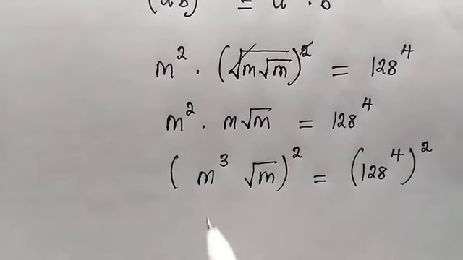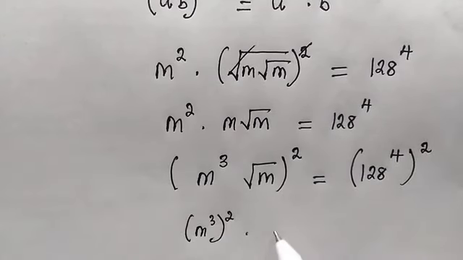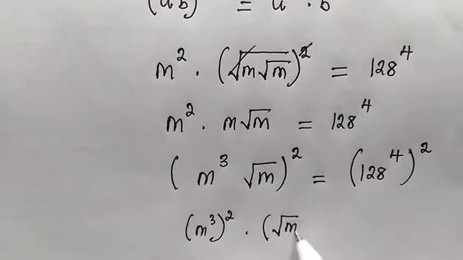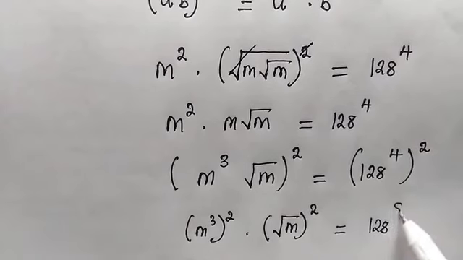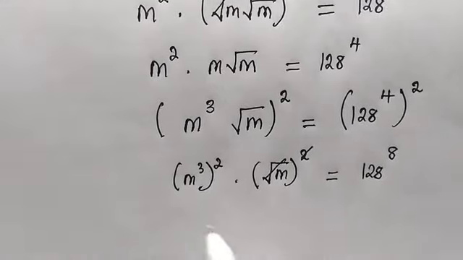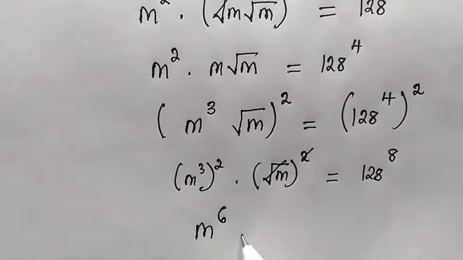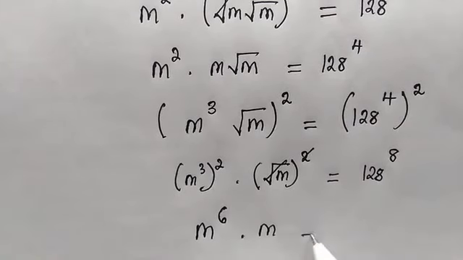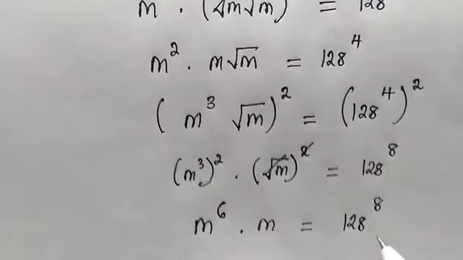So here we get m cubed whole squared multiplied by square root of m whole squared, which is equal to 128 raised to the power of 4 times 2. That will give us 8. Here, this gets cancelled with this square root, and then we're left with m raised to the power of 3 times 2, that will give us 6, multiplied by m, right? So this is equal to 128 raised to the power of 8.